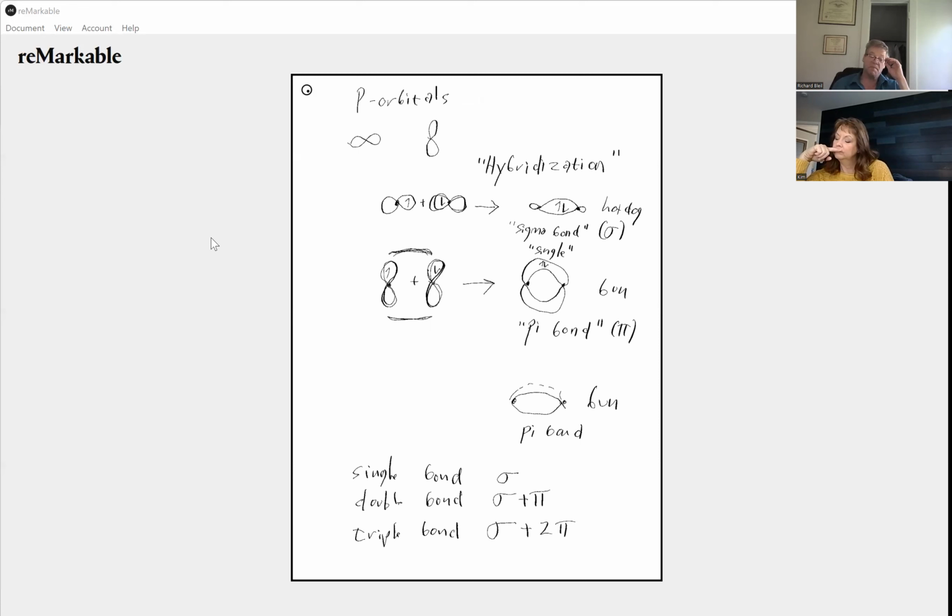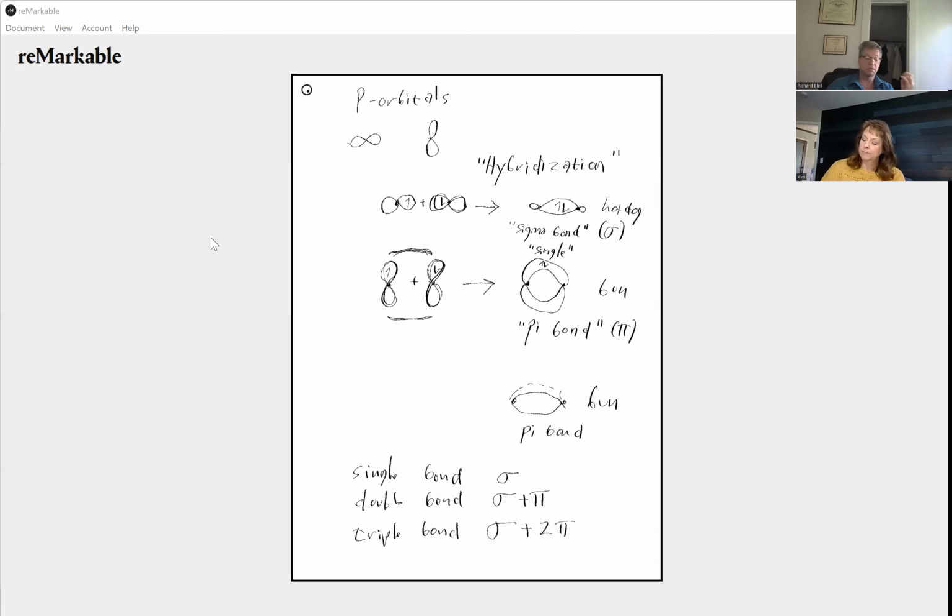Just a quick comment about these bonds. Because the pi bond is oriented either in front and back or top and bottom, the pi bond is always weaker than a sigma bond.